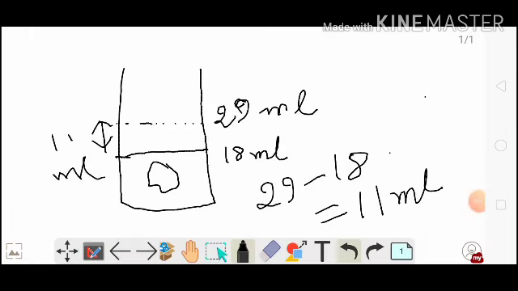And as you know, 1 ml is equal to 1 centimeter cube. So the volume of the stone in centimeter cube will be 11 centimeter cube. Next, let's proceed to the next one.